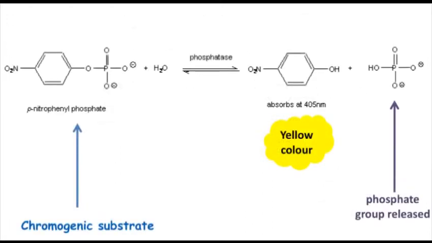The substrate is 4-nitrophenyl phosphate, and when the phosphate is removed by the enzyme, the product formed is 4-nitrophenol, which absorbs light at the wavelength of 405 nanometers and looks yellow. You can see the phosphate group on the left-hand side of the equation attached to the 4-nitrophenol. And on the right-hand side, you can see it as a free ion.